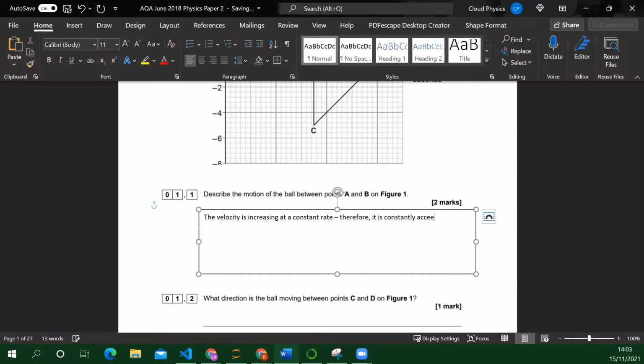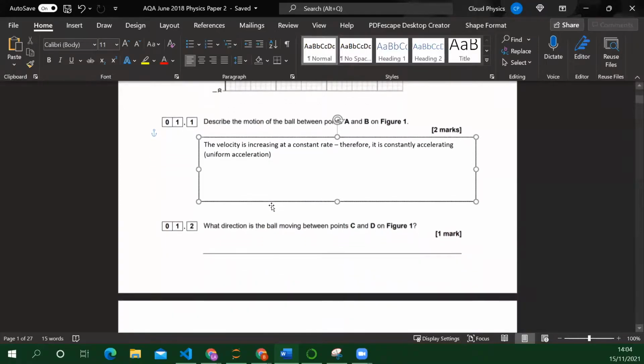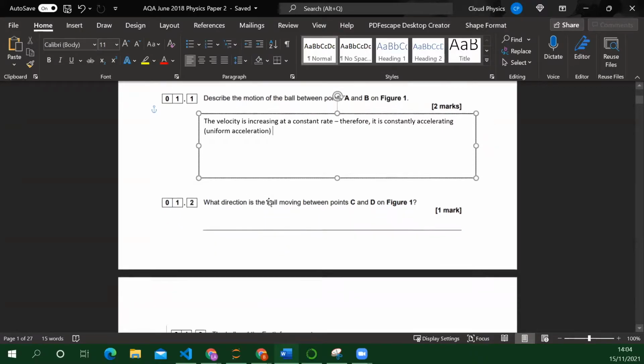Sometimes it's also called uniform acceleration. Uniform acceleration. Okay, that's 2 marks. So actually, you only need one sentence there to give you 2 marks.